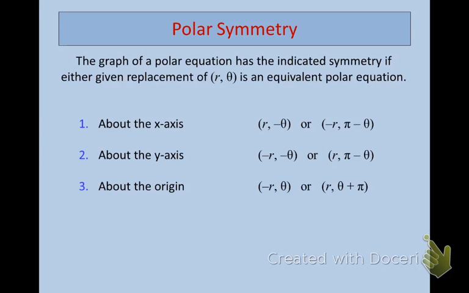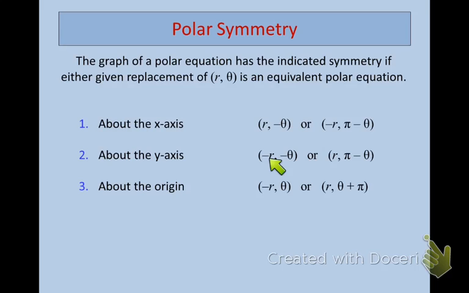So now we're going to get into some more complicated shapes. One thing we're going to have to check on these complicated shapes is symmetry. It's going to help us out a little bit. The graph of a polar equation has the indicated symmetry if either given replacement of (r, theta) gives an equivalent polar equation.